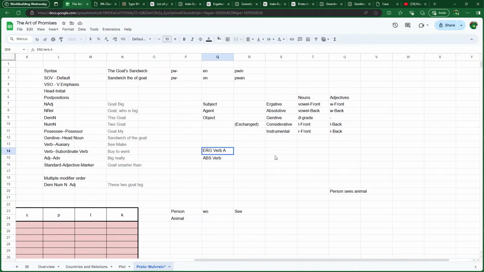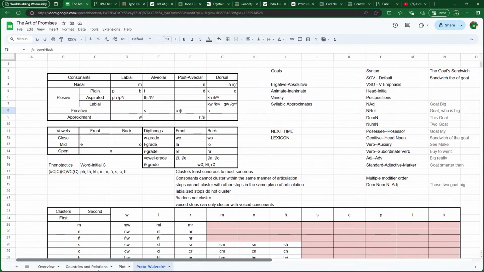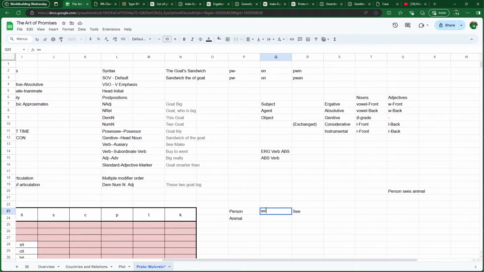So, absolutive. So, this actually would make more sense if it were a vowel back. So, vowel grade back.